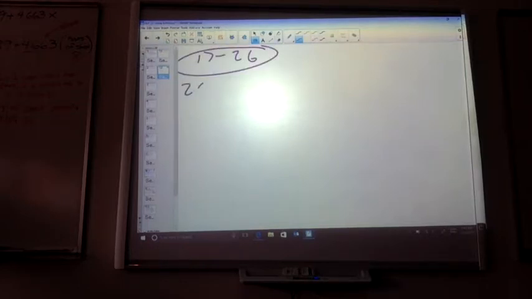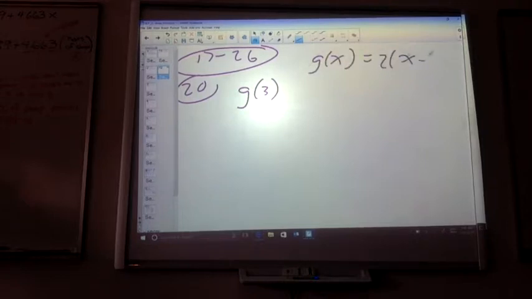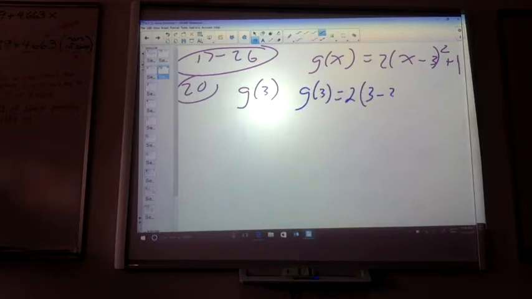Number 20. Number 20 says g at 3. So they tell us our g at x equation is this. Okay, so at g at 3, I'm going to substitute 3 in where my x value was. So there was an x value there, now I'm putting 3 in.